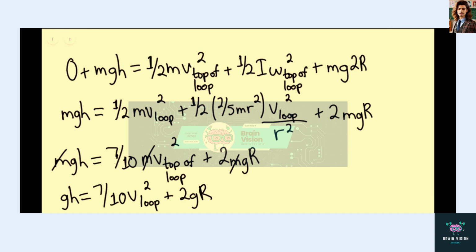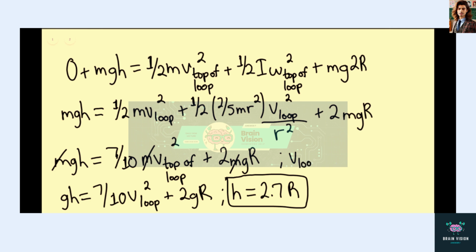And we're going to say that then h would simply be equal to 2.7 R. Again, this would be your answer for part A. Again, the velocity of the loop squared being equal to gR, so you would plug this in.